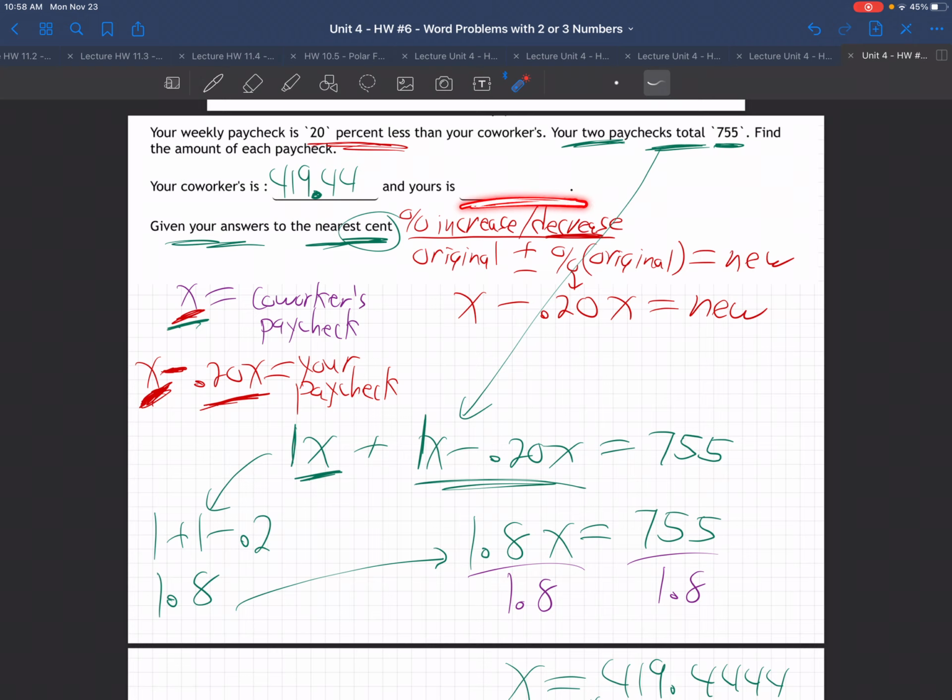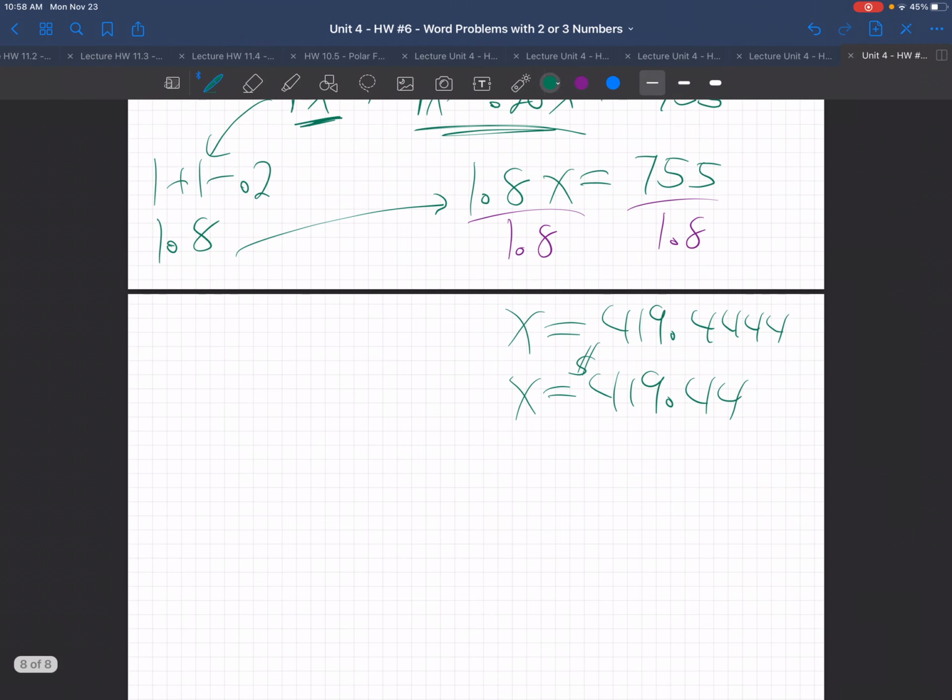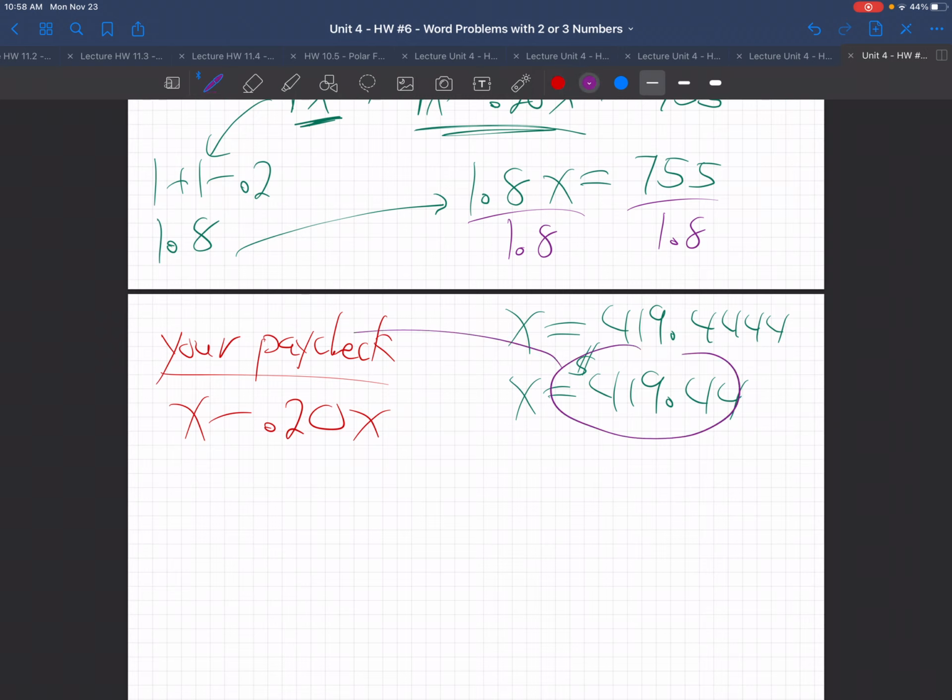Okay, and yours, what's your paycheck? Well, how are we going to do that? We have a formula for your paycheck right here. Your paycheck is X minus 0.20X, right? So now we can just plug in the 419.44 for X in both those spots.